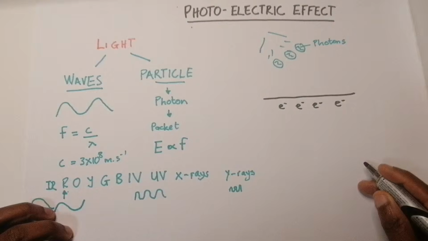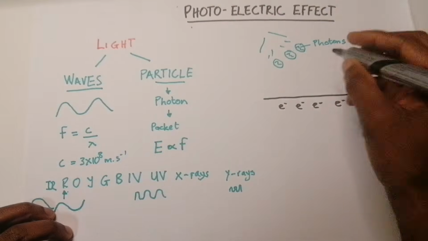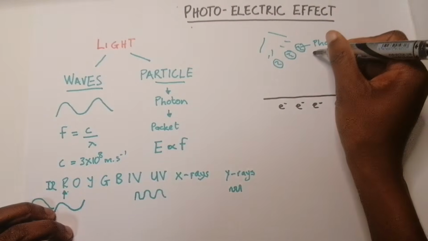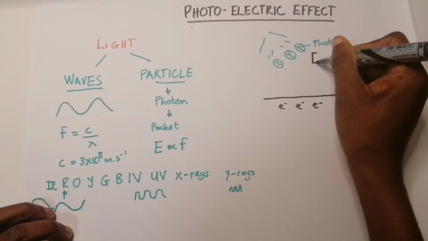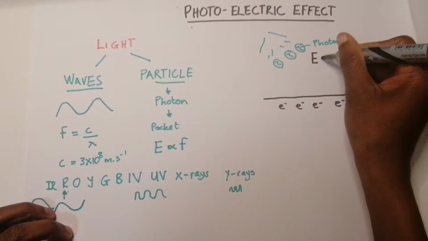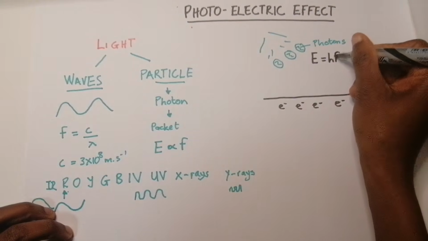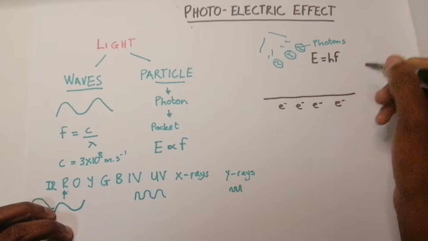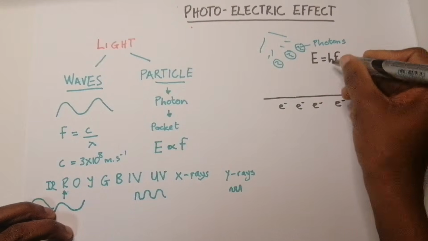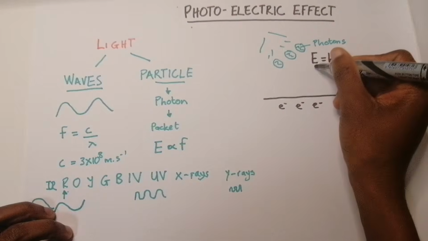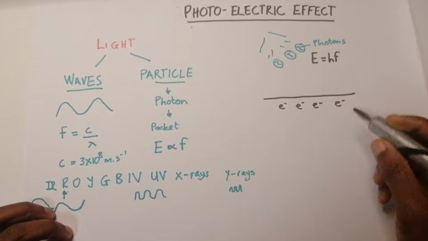Now, ladies and gents, I want you to please stay with me and see. I want us to talk about this energy. Now, the energy that is emitted by the photon is calculated based on Einstein's equation, E is equal to hf. Now, look at this. This is the energy of the photon.